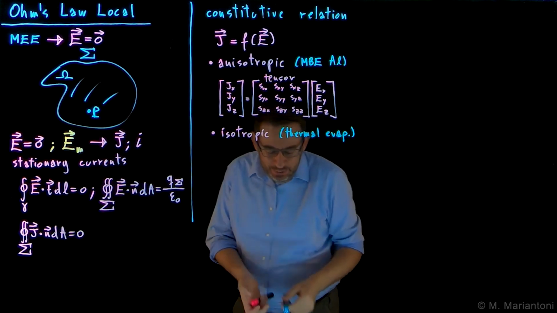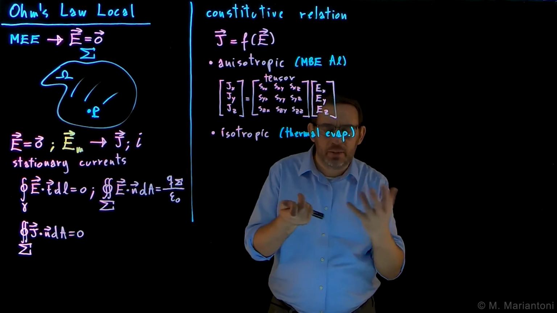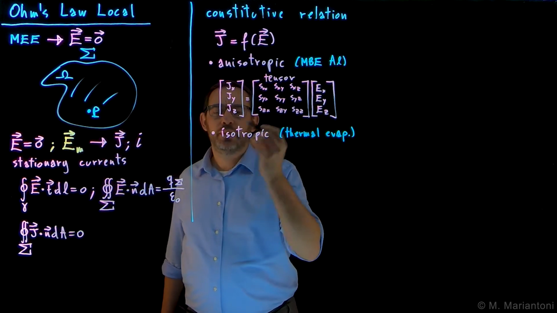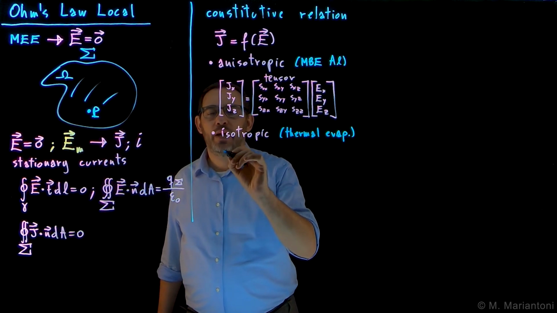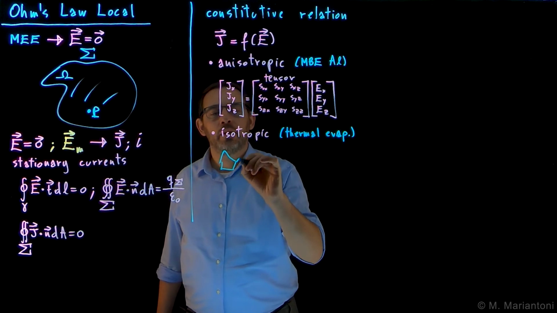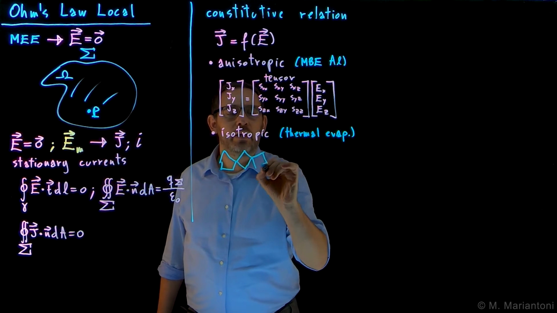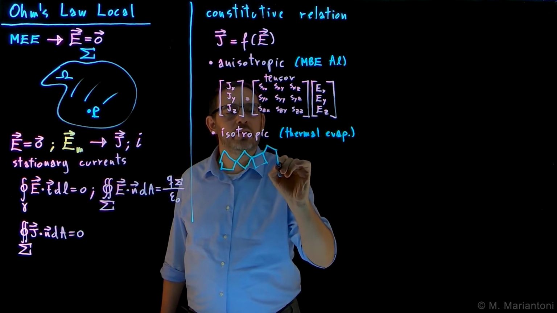This typically stems from the randomness of the domains of a metallic material. For example, I can have materials with grains which look like that, and there is another grain, and another grain, and more grains.